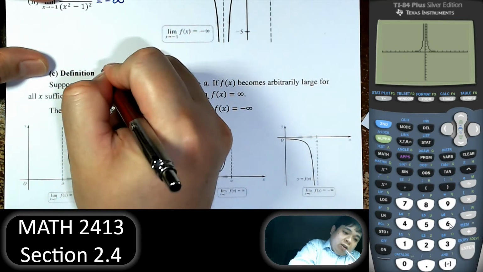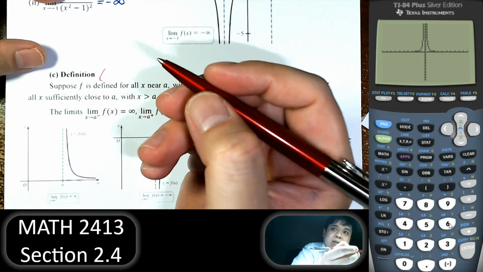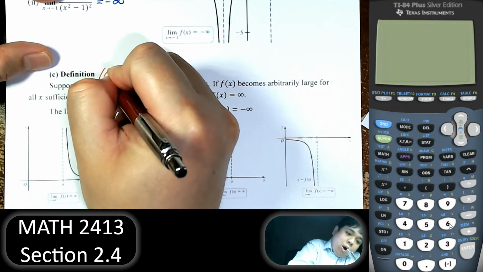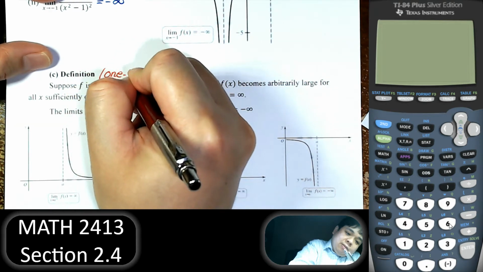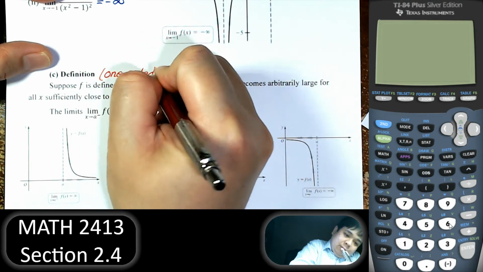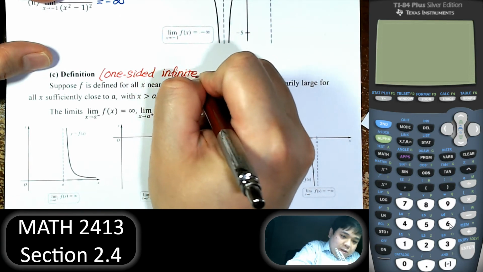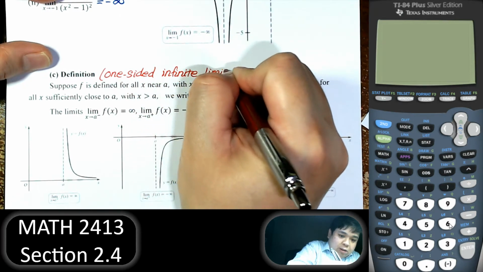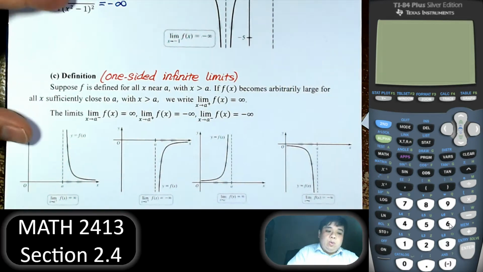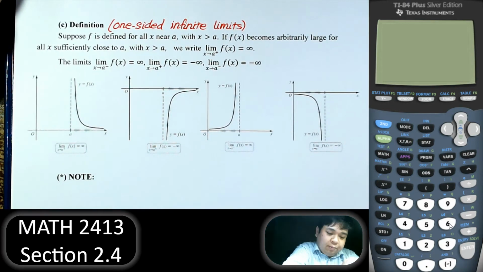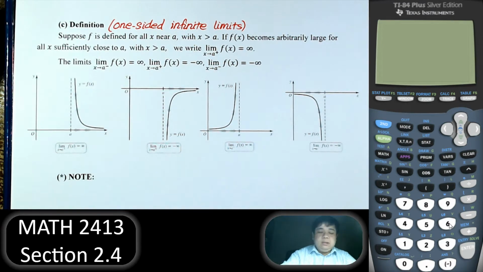So this is a one-sided infinite limit. We define it on one side only.